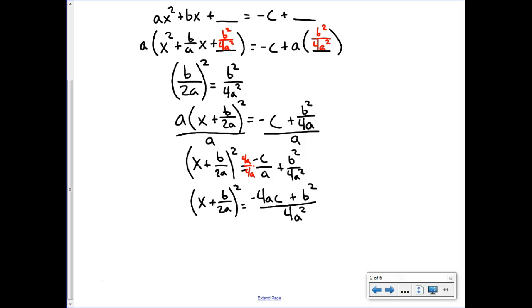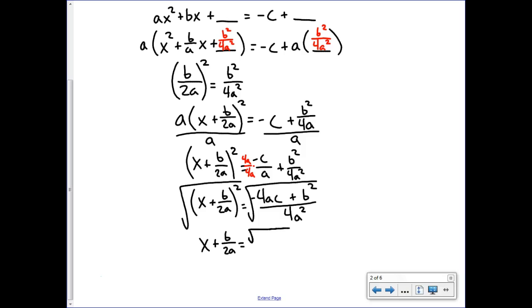Okay, now since we have just that squared on the left-hand side, I'm going to take the square root of both sides. So I have x plus b over 2a is equal to, and I'm going to go ahead and switch this around because hopefully it's going to start looking familiar to you.